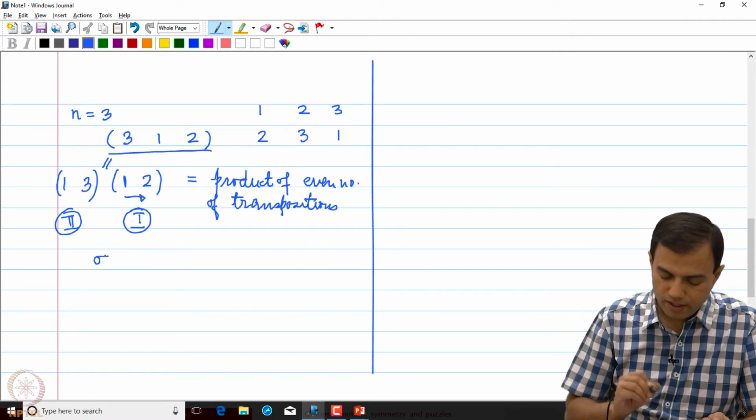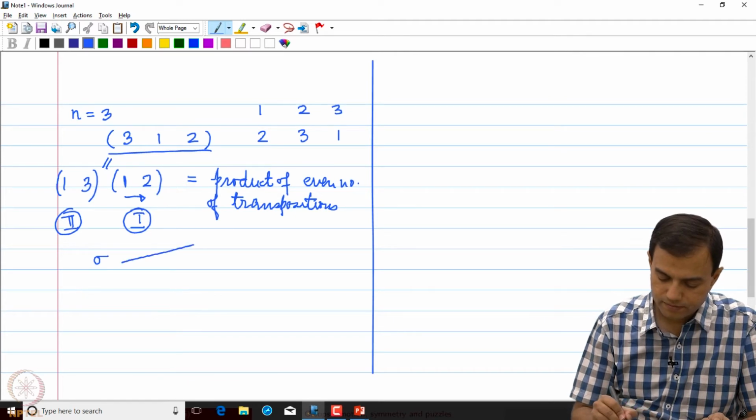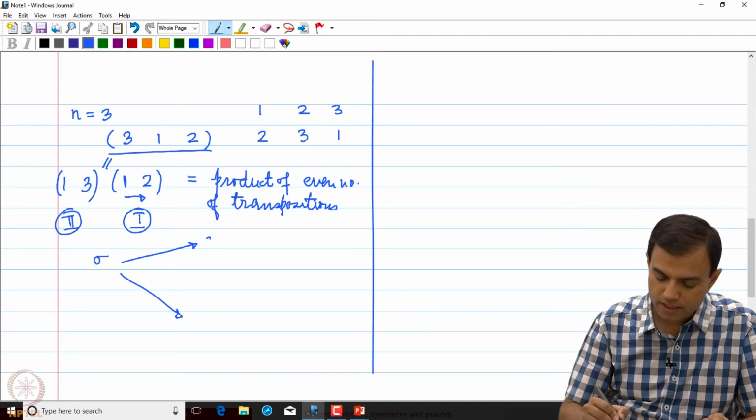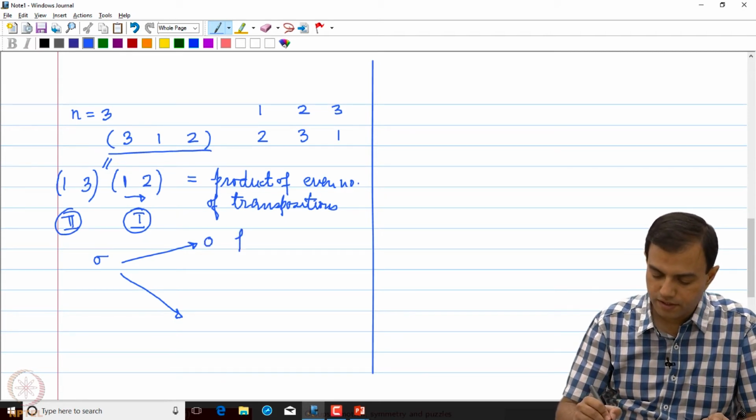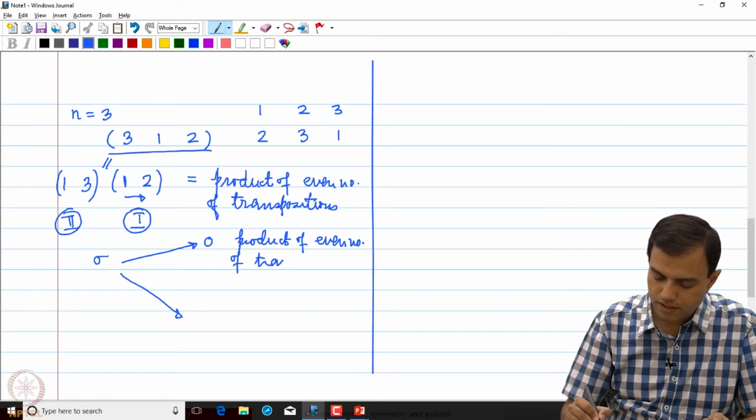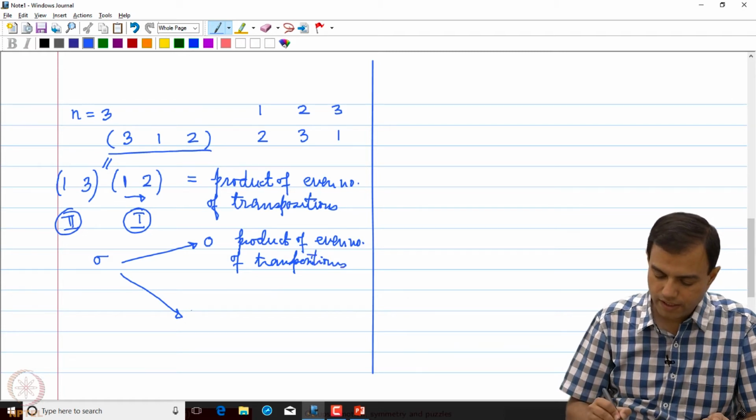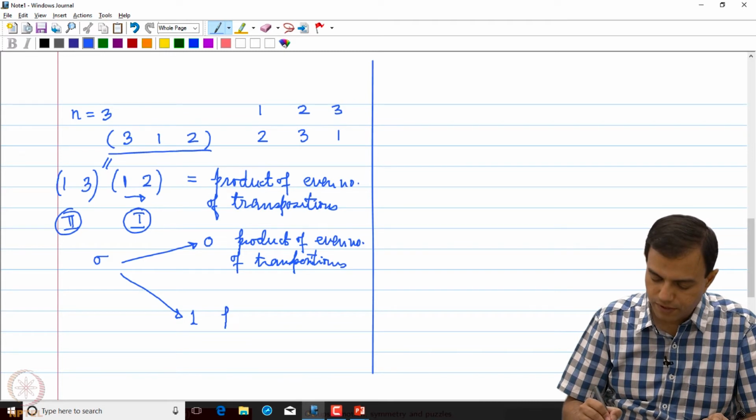So a permutation sigma is assigned parity 0 if it is a product of an even number of transpositions, and it's assigned parity 1 if it is a product of an odd number of transpositions.